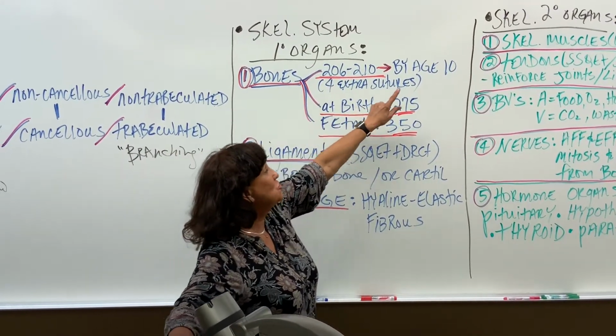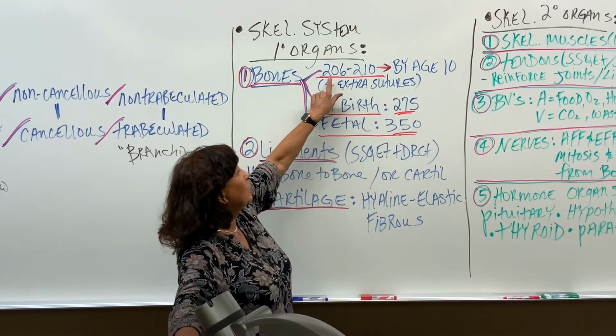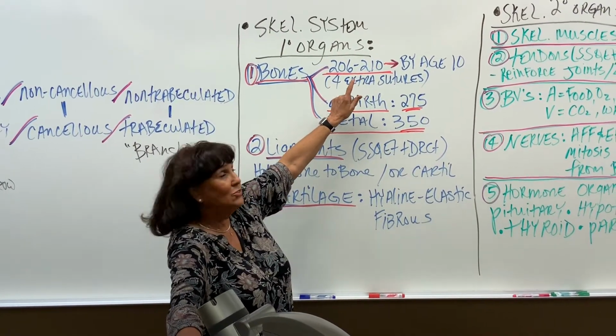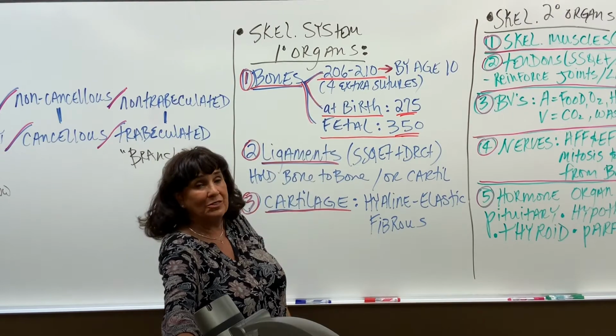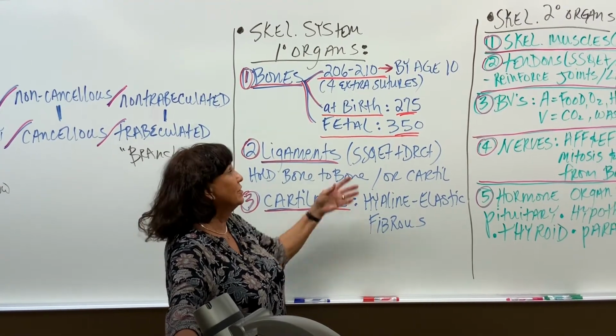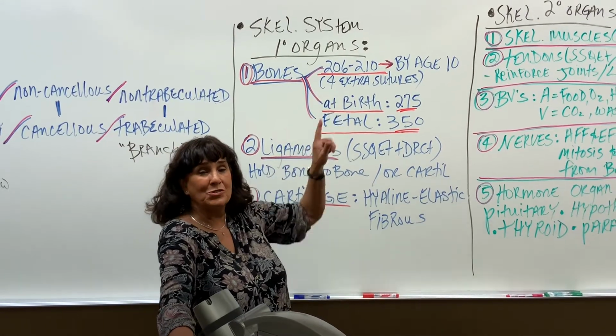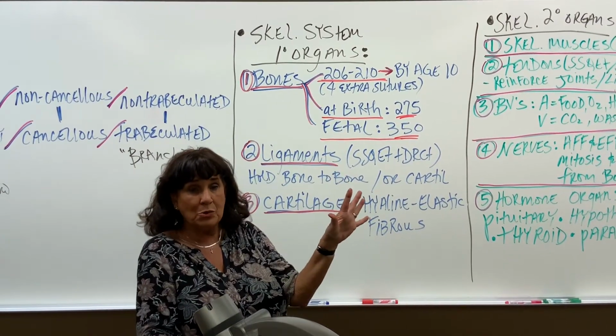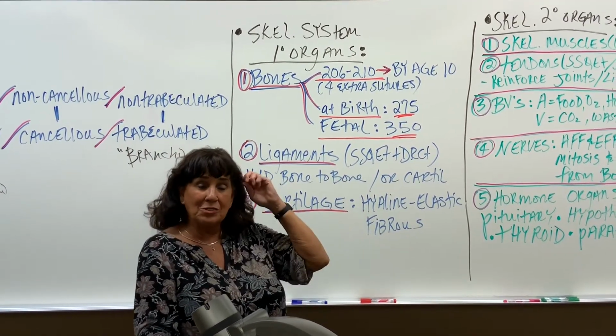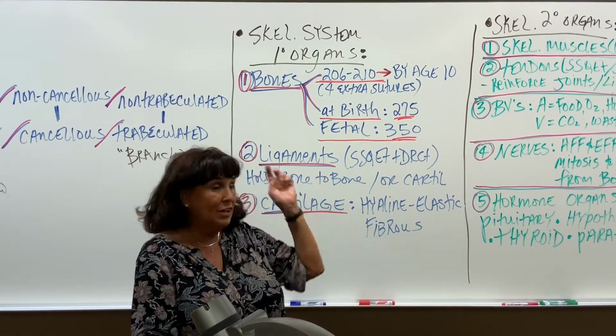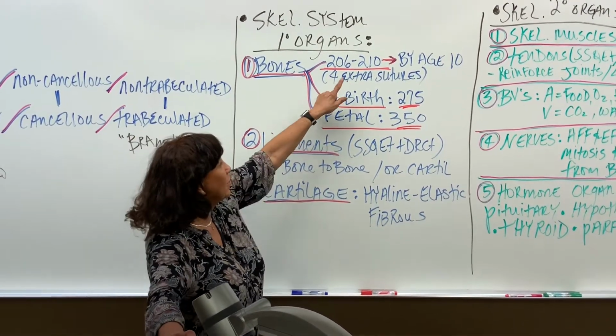And then by age 10, we have 206 to 210. So usually most people say we've got 206 in our adult skeleton. Well, some people might have 4 extras, and the 4 extras are not extra fingers and toes. They're actually in the suture lines of your skull.